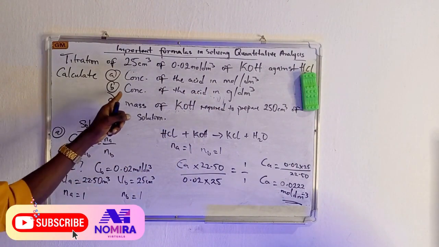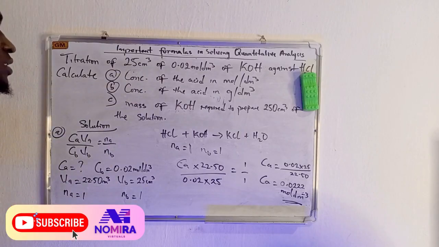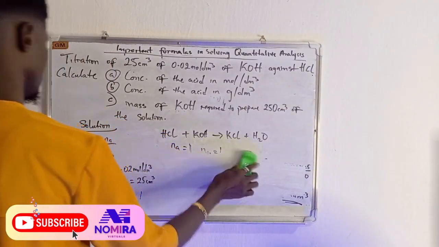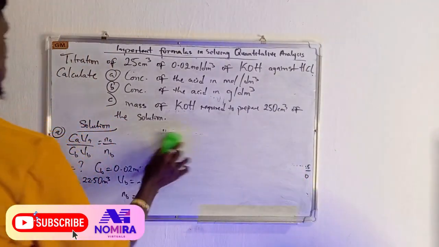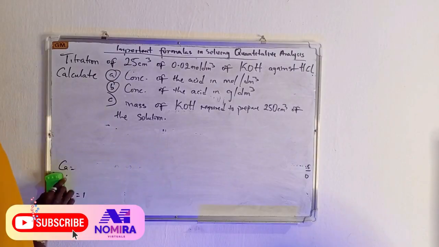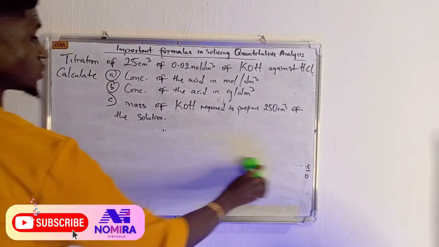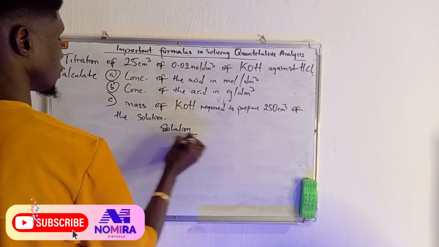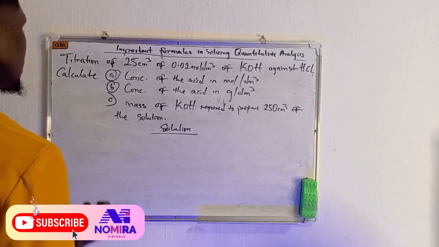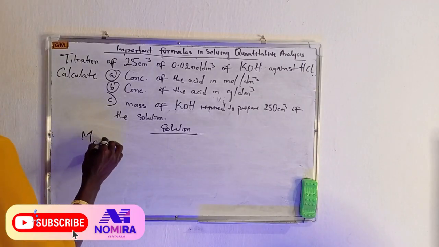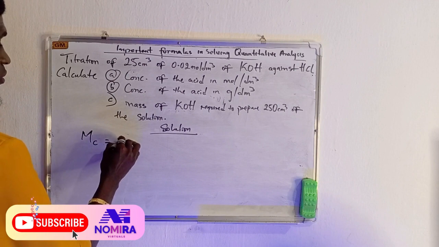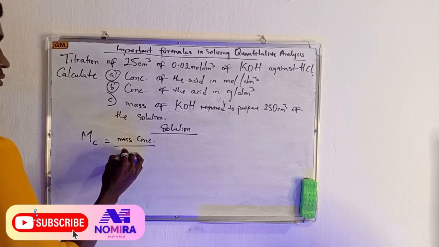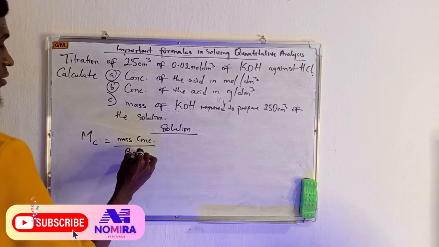The next question is to solve the concentration of the acid in gram per dm cube. How do you solve the concentration in gram per dm cube? The formula is: molar concentration is equal to mass concentration over molar mass.